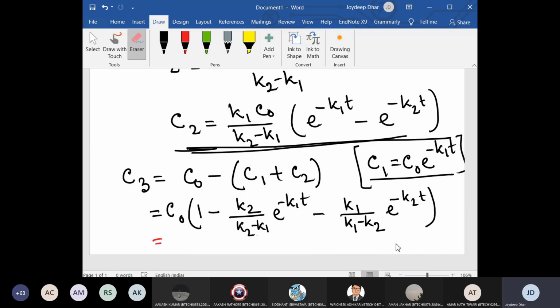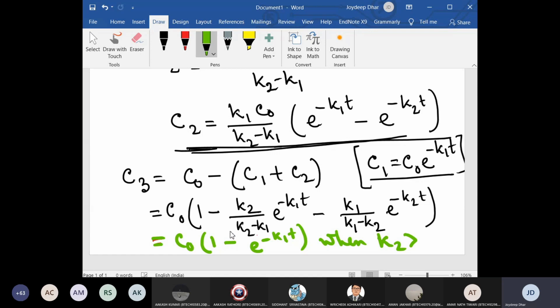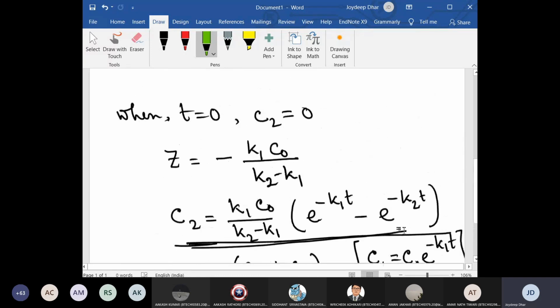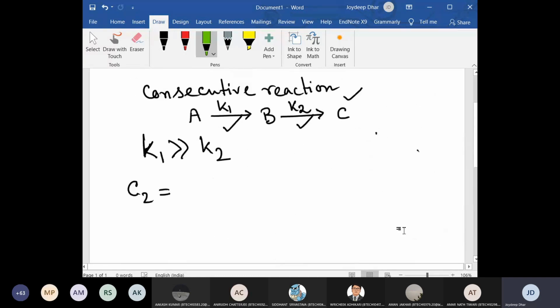So in other way, it will be e to the power minus K1 into T, when K2 is much larger than K1. So this is the final concentration. You can approximate to this one. So C2 also accordingly you can get it.